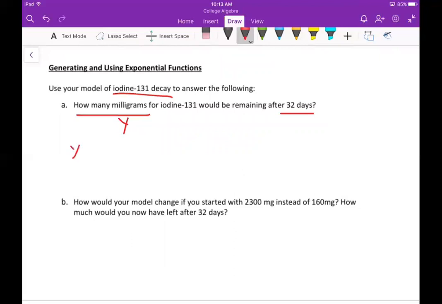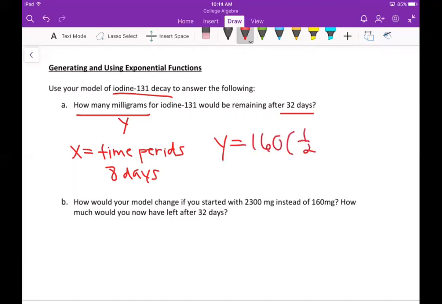Now be careful here because x was time periods of 8 days. So when we think about using our function y equals 160 times 1/2 to the x, we have to think about how many time periods is 32 days.